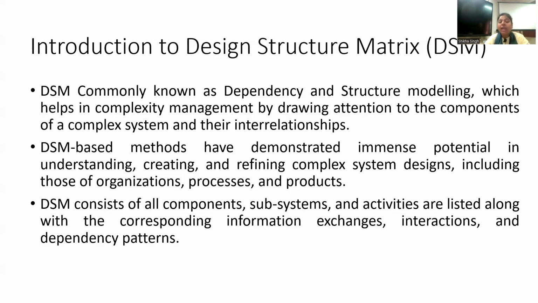It may include any of the systems which we have seen, maybe an organization, maybe processes and products. Then you see DSM consists of all components, subsystems, and activities, and mentions the information exchanges in the form of a matrix, right? In the form of a matrix, what I mean, the design is very clear. Design structure matrix itself is stating what it means. It is designing the structure in the form of a matrix.